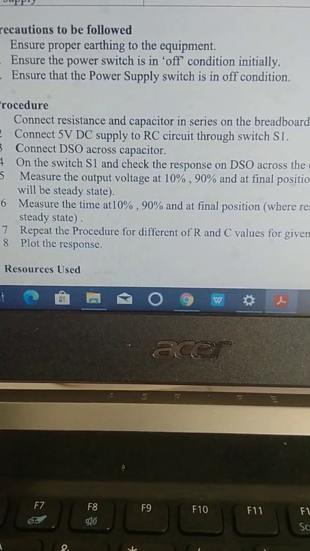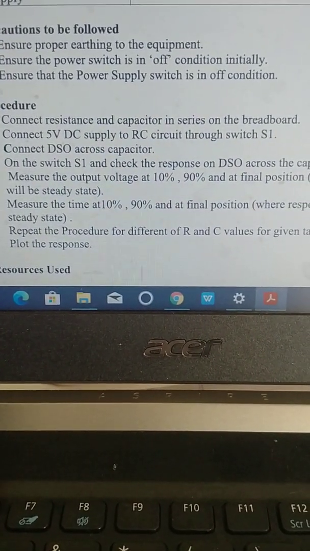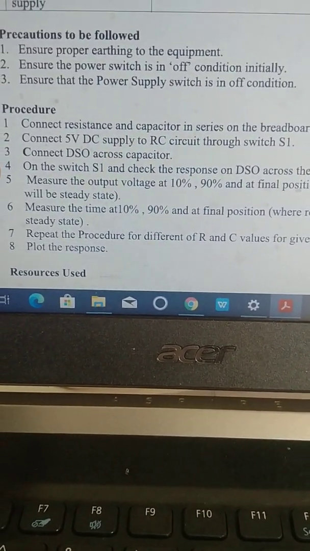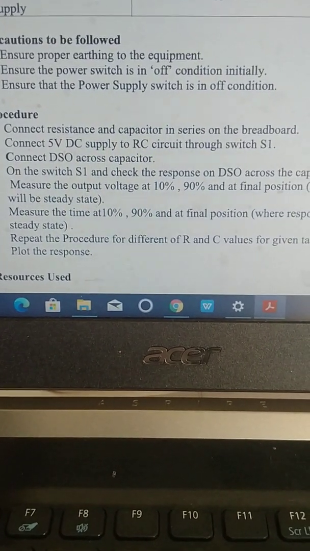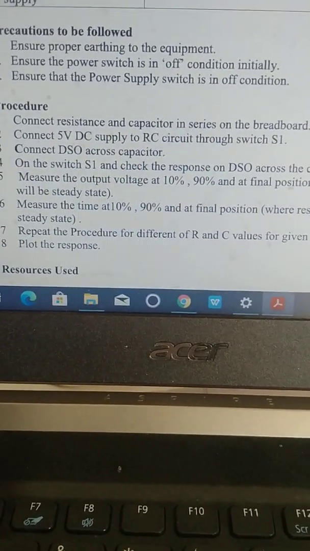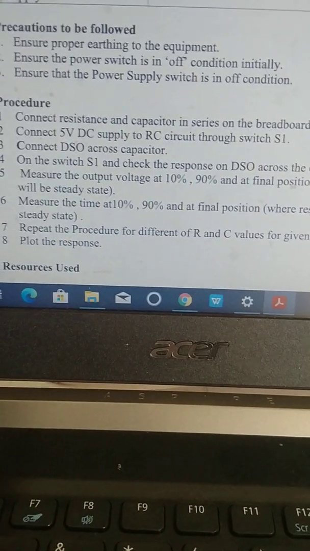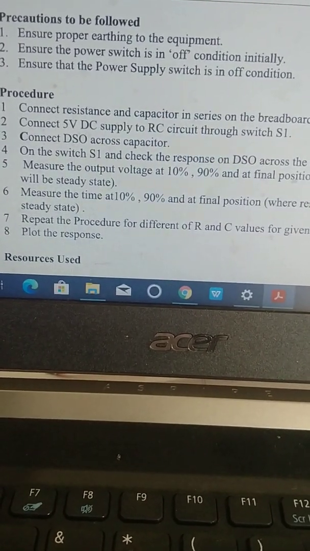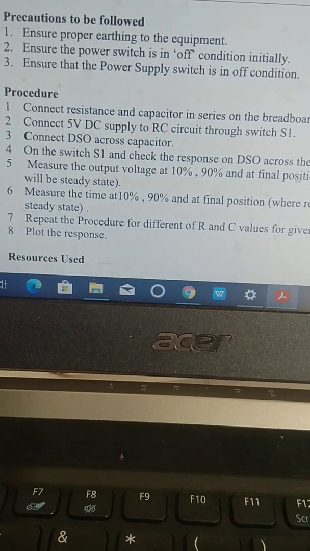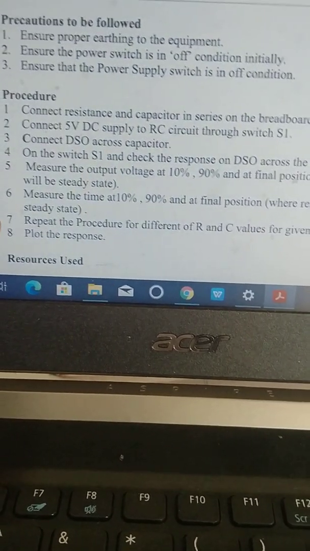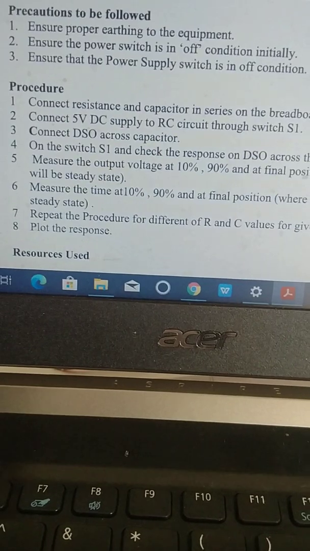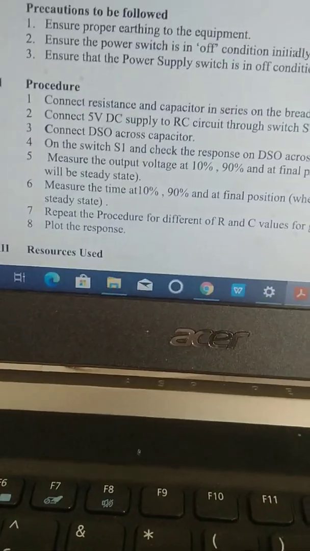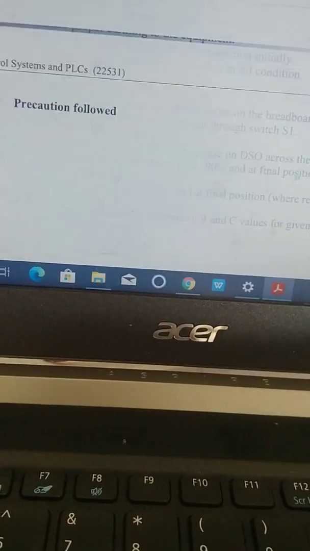Connect 5 volt DC supply to the RC circuit, and by using DSO, digital storage oscilloscope, we have to find out the response, and in the response at the output we have to find out the various parameters of voltage and time, and the same procedure we have to repeat for different values of R and C. It is the theoretical procedure.